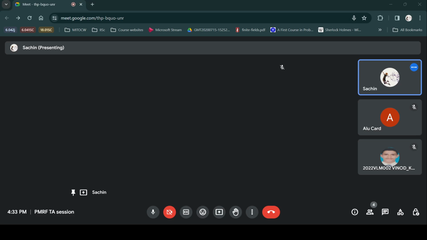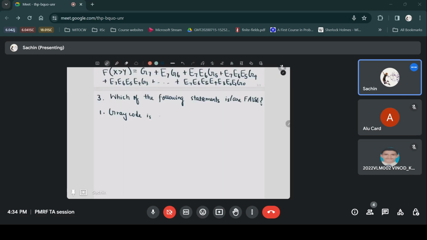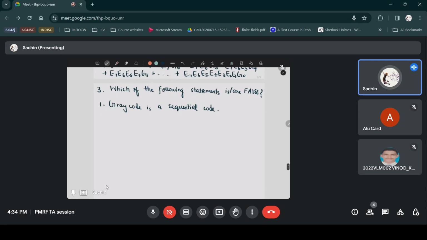That means multiple statements can be false. First statement, gray code is a sequential code. So this statement is false.